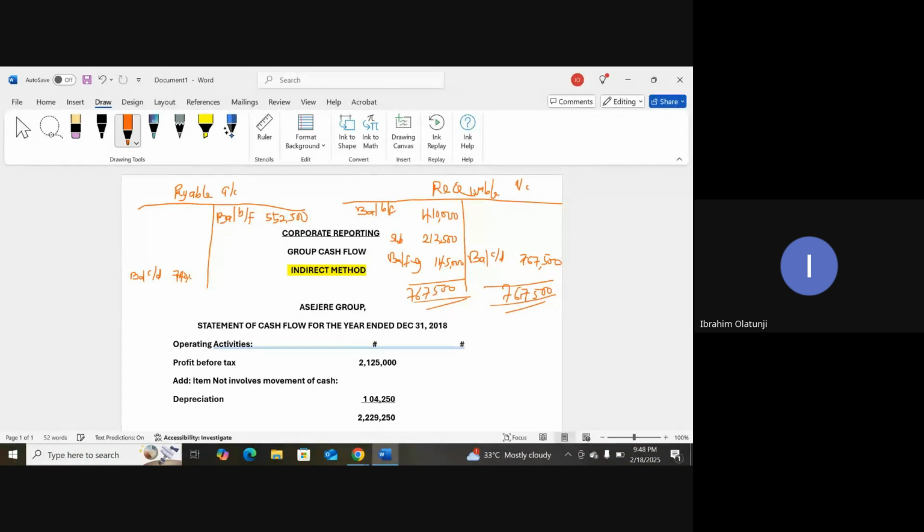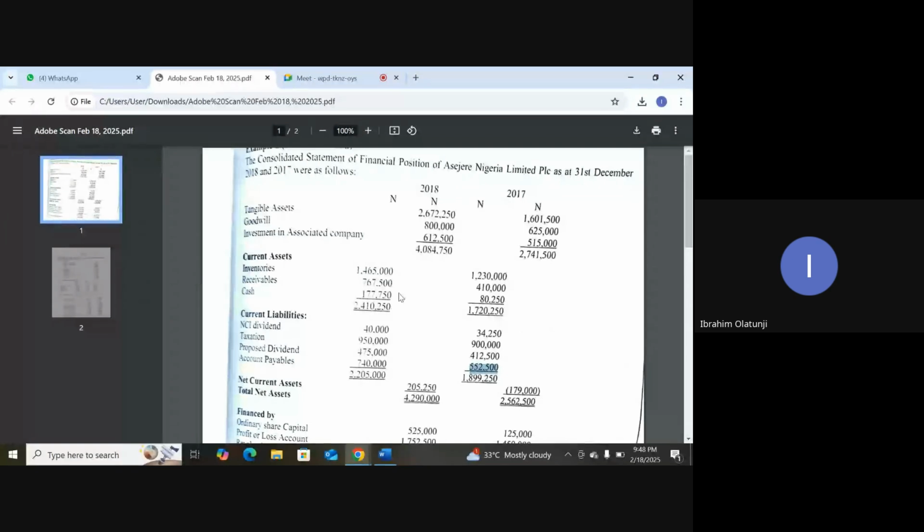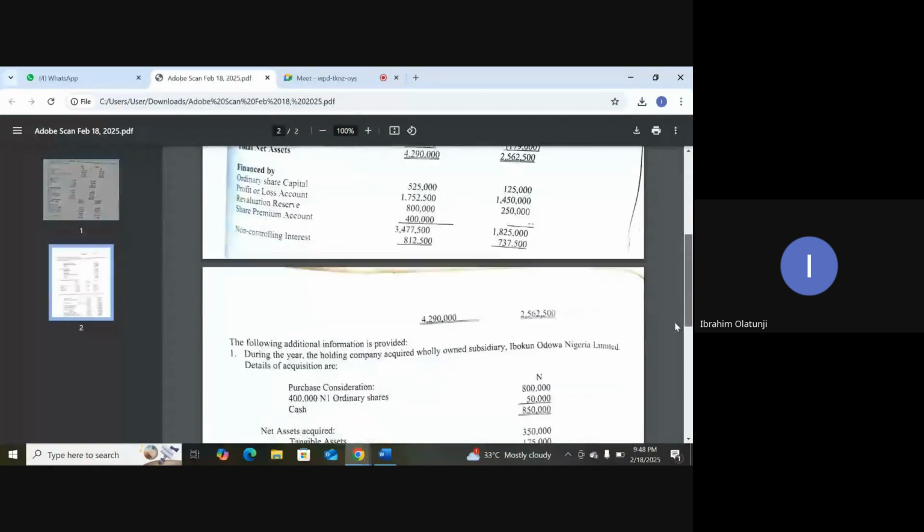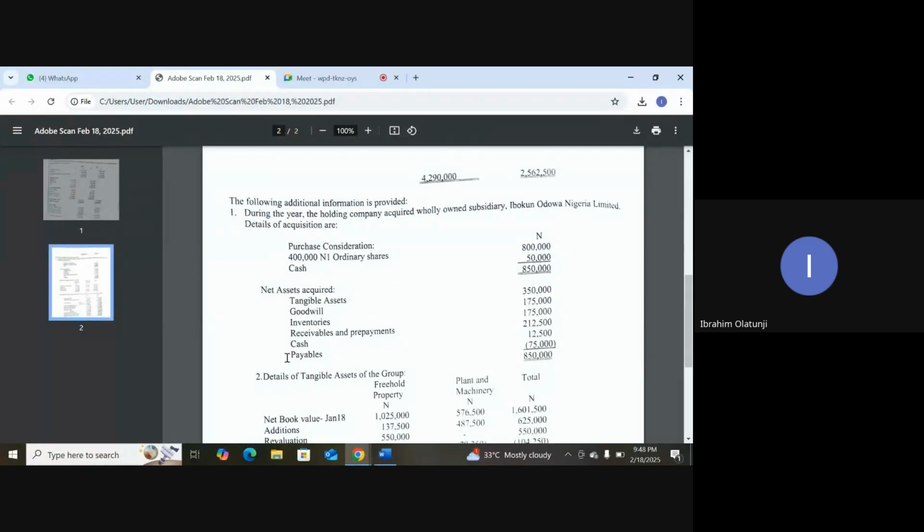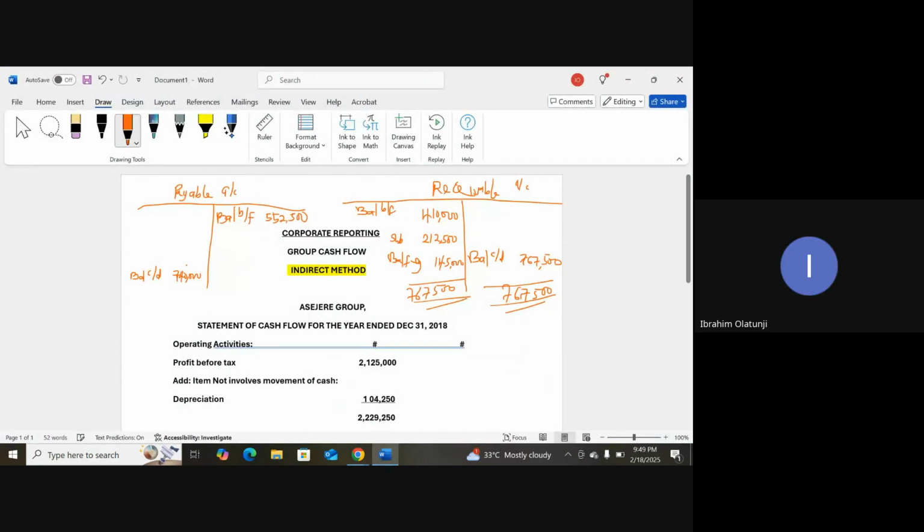Then we go to our information for the subsidiary, whether we have information on payable. You can see payable is 75,000. That is the subsidiary. Then you add and subtract and check whether it is an increase or decrease in payable.